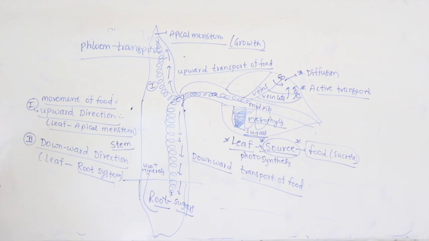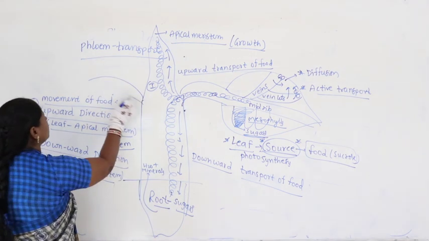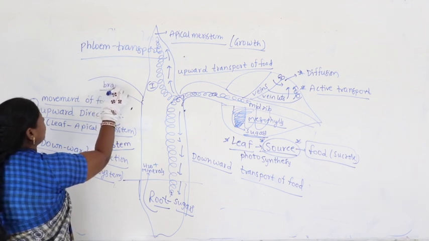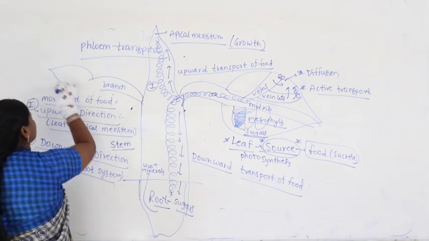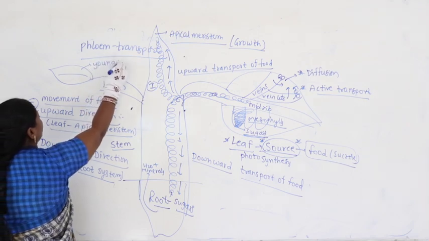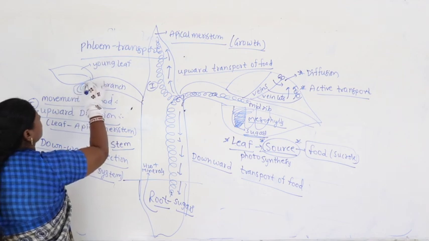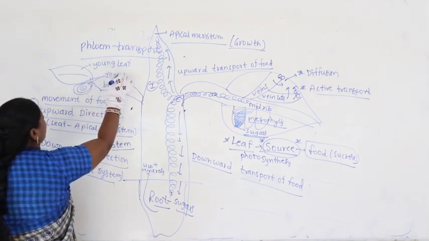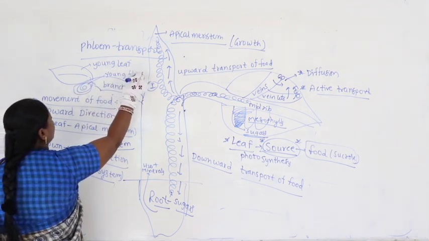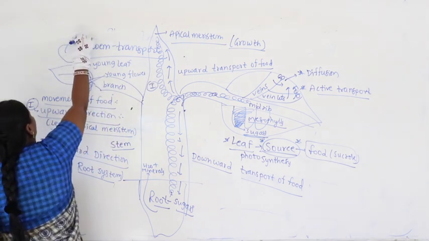Right? Apart from this, suppose there may be formation of the branch here. There may be formation of the branch. There may be formation of the young leaf. Or maybe there may be formation of young flower here. Young flower, or maybe a fruit, young fruit.